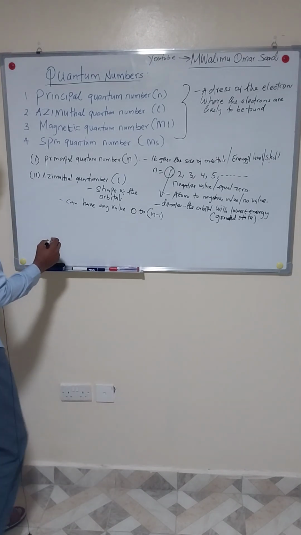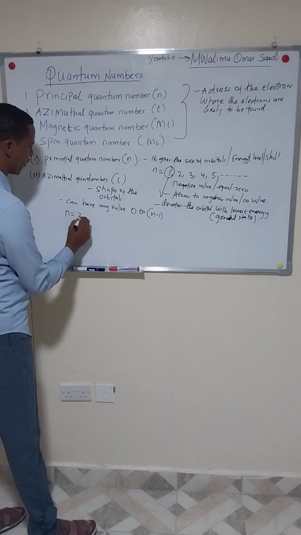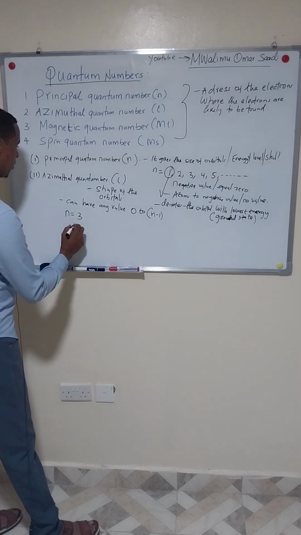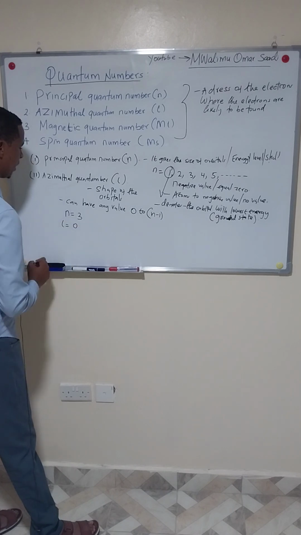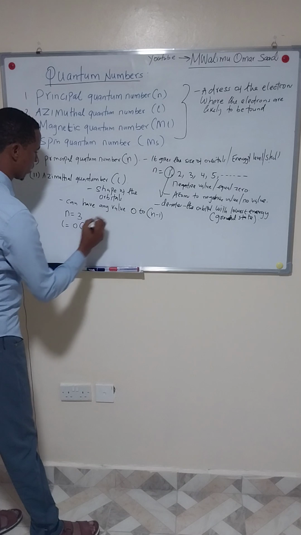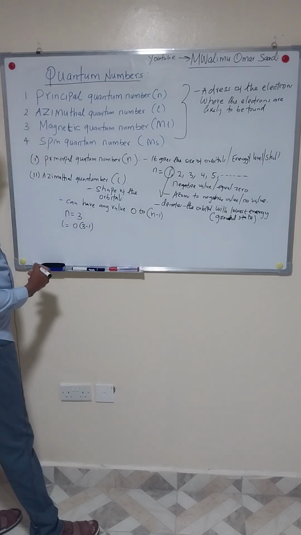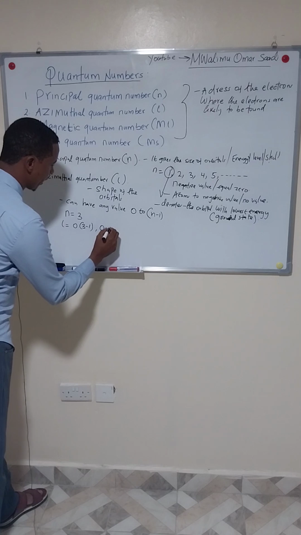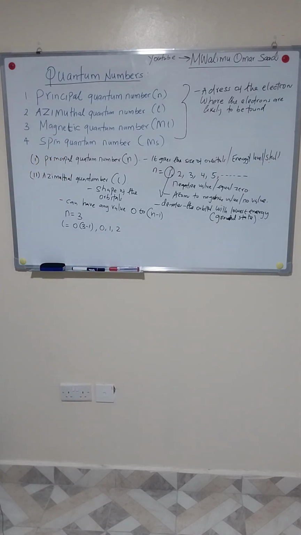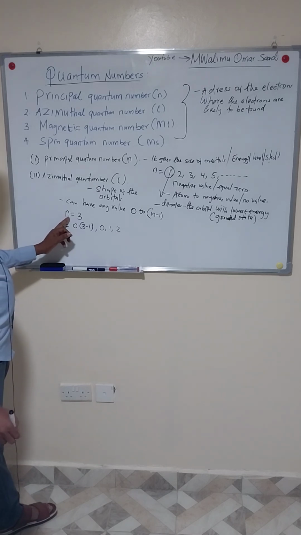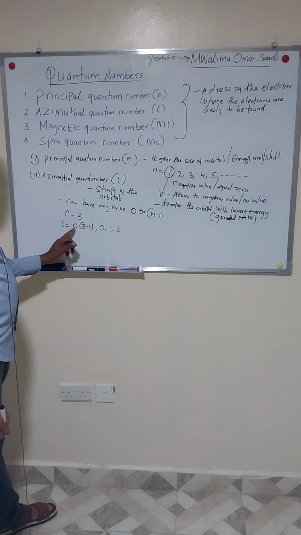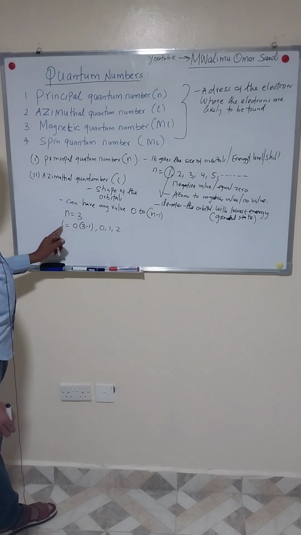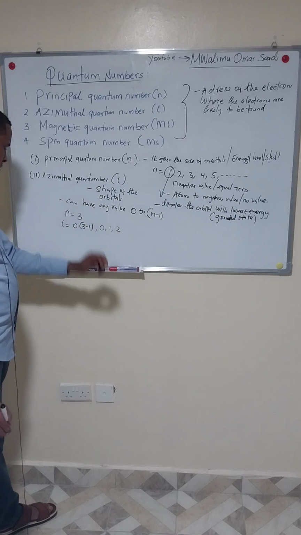For instance, if the value of n is equal to 3, L will have a value from 0 to n minus 1, which is 3 minus 1, which is 2. So L can have 0, 1, and 2. You understand? If n is 3, L will be 0, 1, and 2.